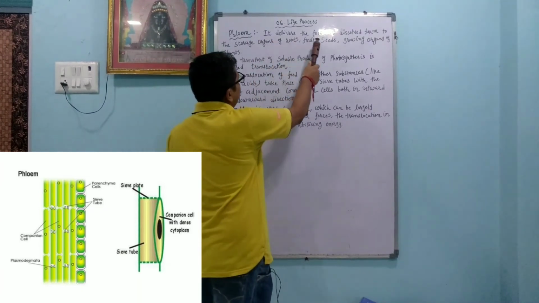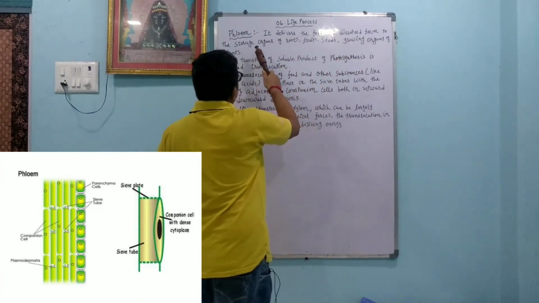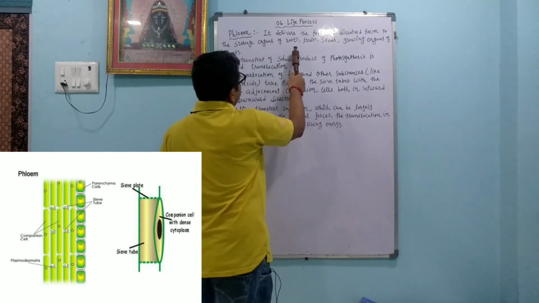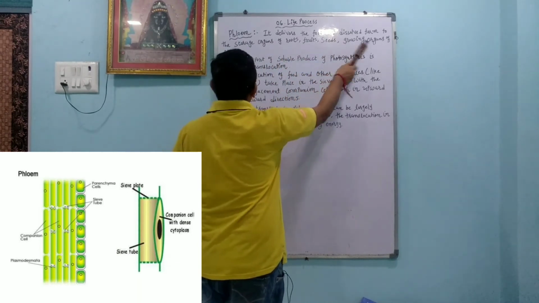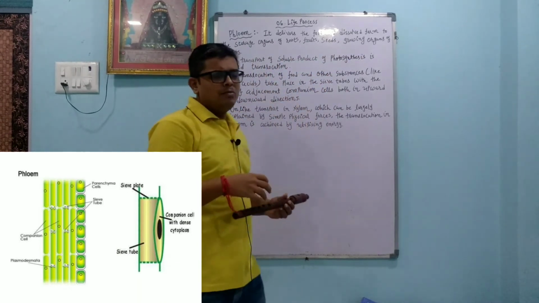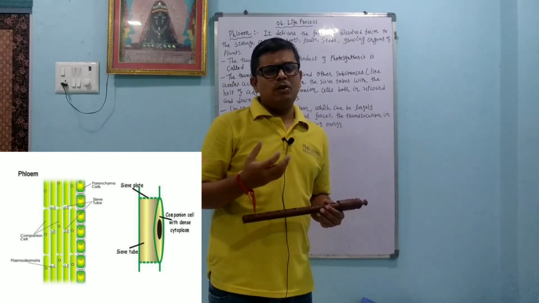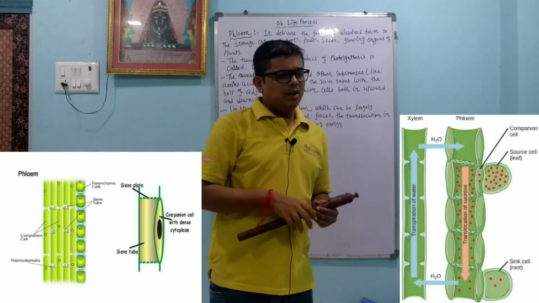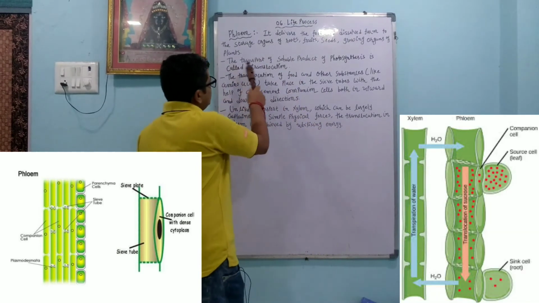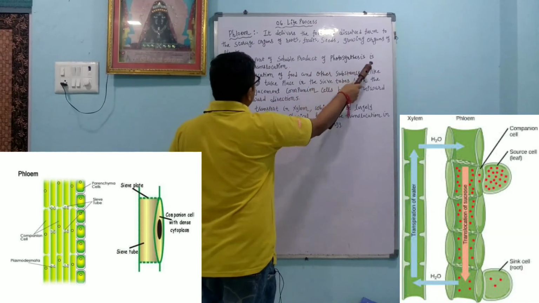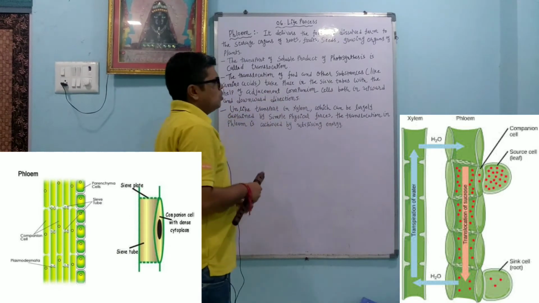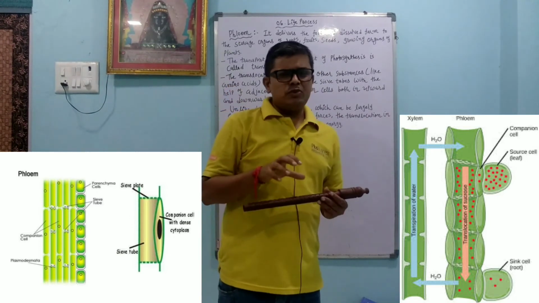Phloem delivers the food in dissolved form to the storage organs of roots, fruits, seeds, and growing organs of the plant. So phloem is responsible for delivering the food in soluble form to the different parts of the plant. The transport of soluble products of photosynthesis is called translocation. What is the photosynthesis reaction?